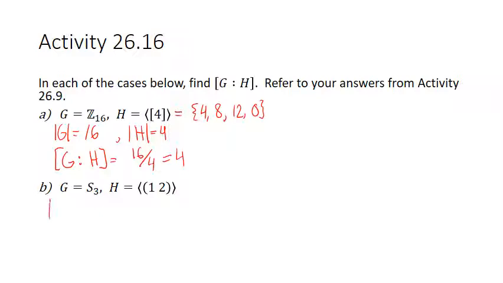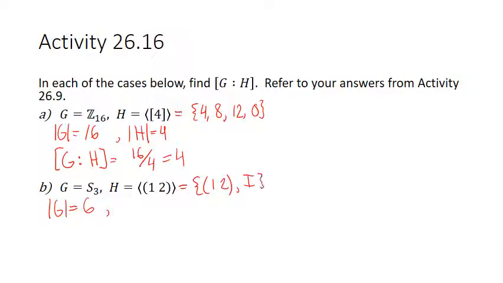Okay, and then for the second one here, G is the symmetric group on 3 elements. The number of different ways to rearrange 3 elements is 6, so there are 6 elements in that. And then H, the group generated by this cycle (1 2), is just (1 2), and if you do the cycle (1 2) times itself, or squared, that will actually give you the identity.